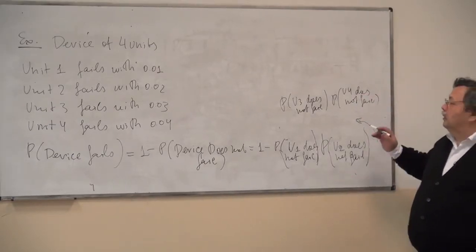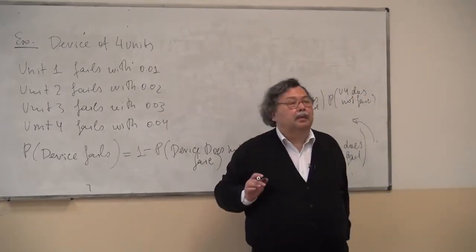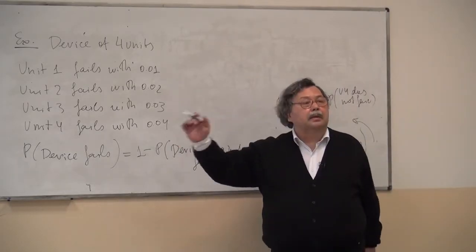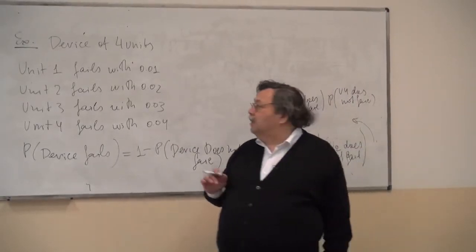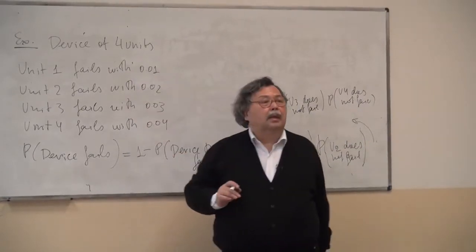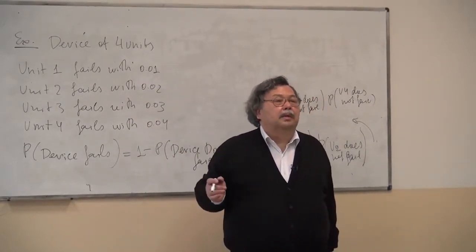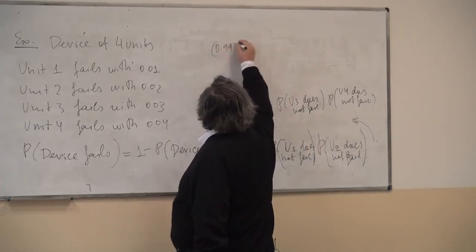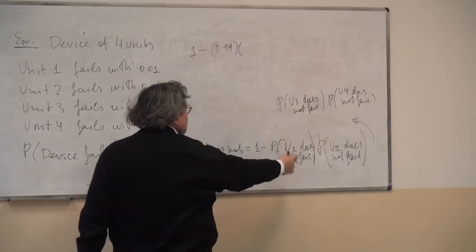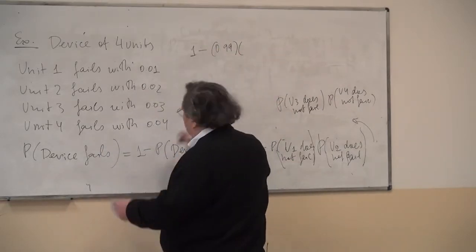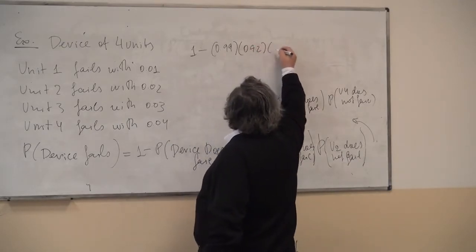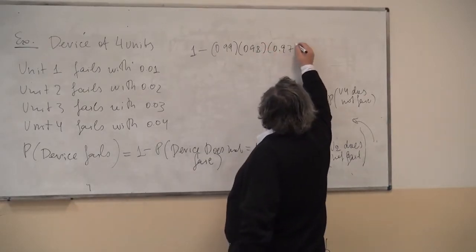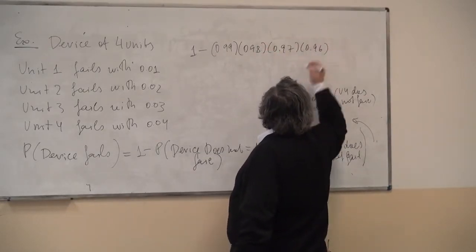Well, how do we compute all this? Do we have enough information to complete this work? What's the probability that unit 1 does not fail within 1 year of exploitation? Because it fails with probability 0.01, then it does not fail with probability 0.99. And here it must be multiplied by the probability for this second unit, and this, 0.8, and 0.7, and 0.6.